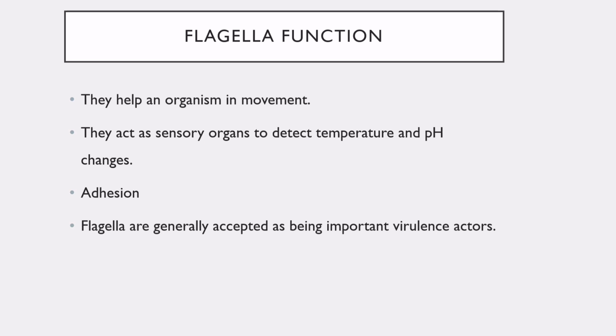Also, the flagella is involved in adhesion, as it helps the bacterial cell to attach to different surfaces or to other cells. So this property of the flagella makes the bacteria virulent. Flagella are generally accepted as being virulence factors.